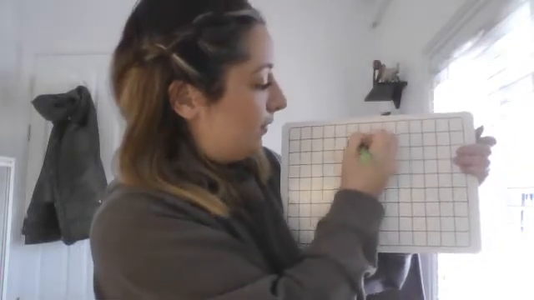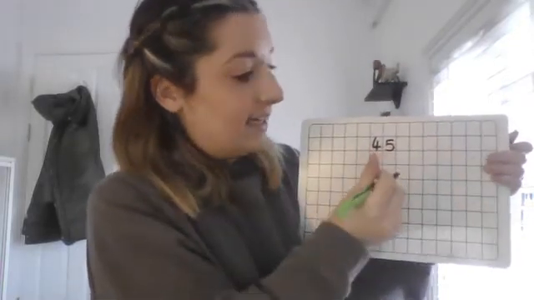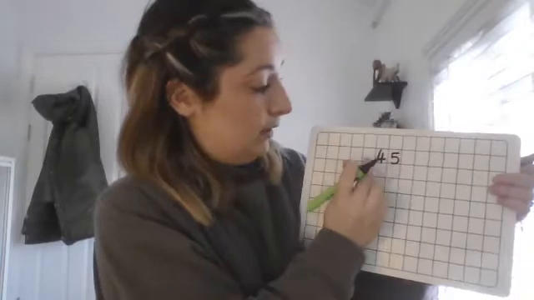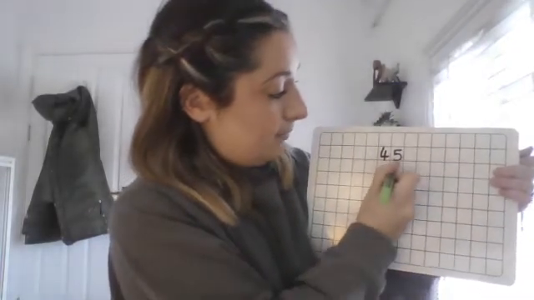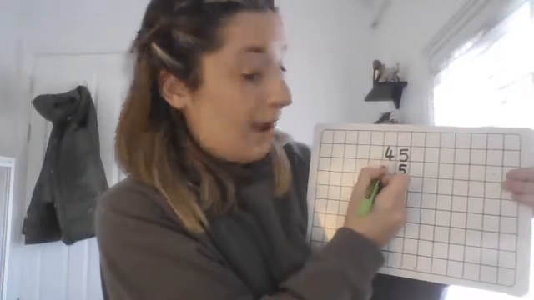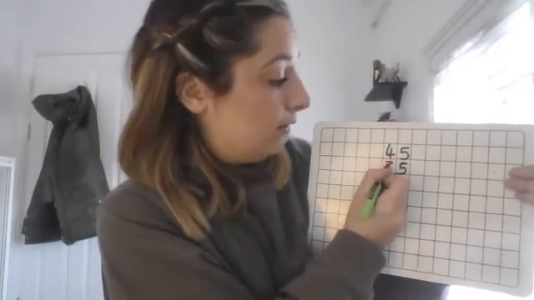Okay, so we need to find out 9 less than 45. So I need to do 45, and I need to -10. So my 5 stays the same, but my 40 turns to 30.